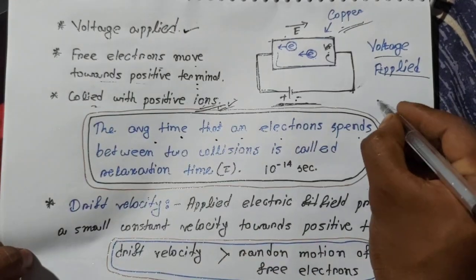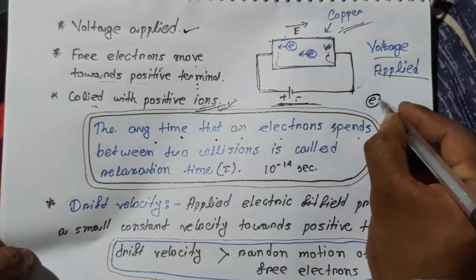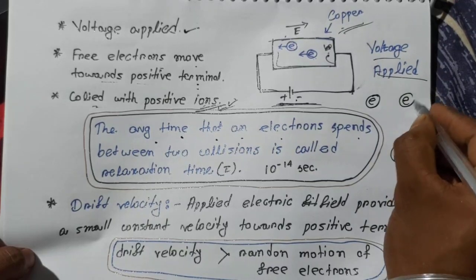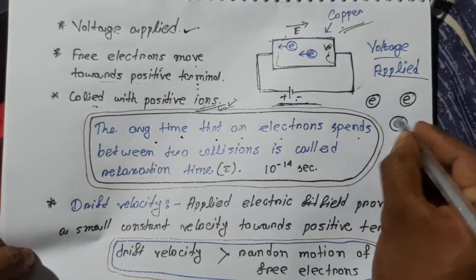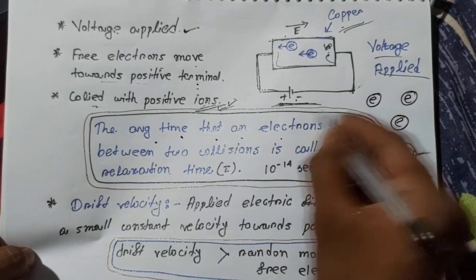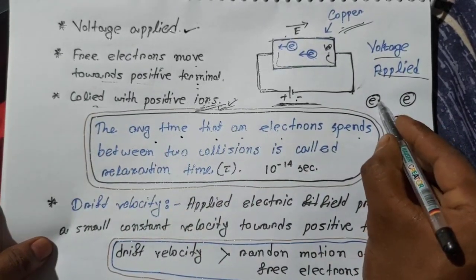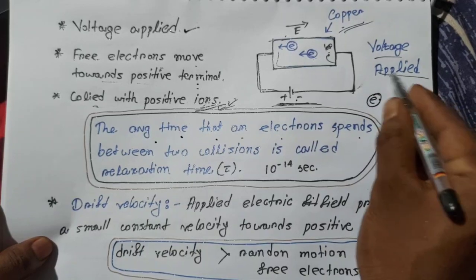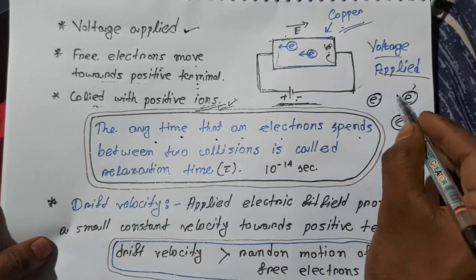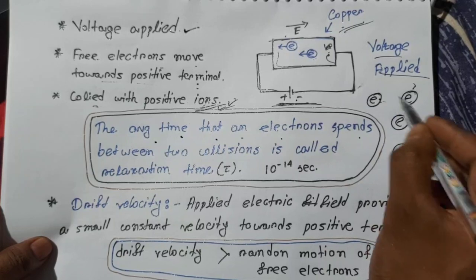Okay, suppose here is one electron, and here is one electron, here is one electron. How do we say two collisions? Suppose there are so many electrons, but we are assuming only 3 electrons here.